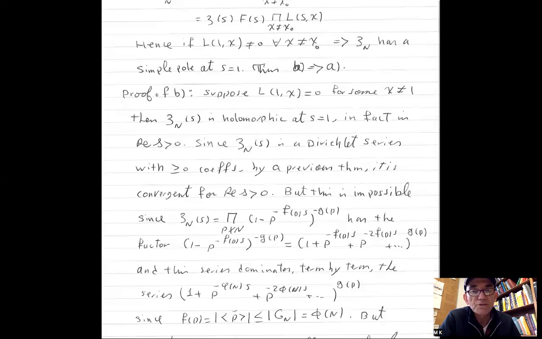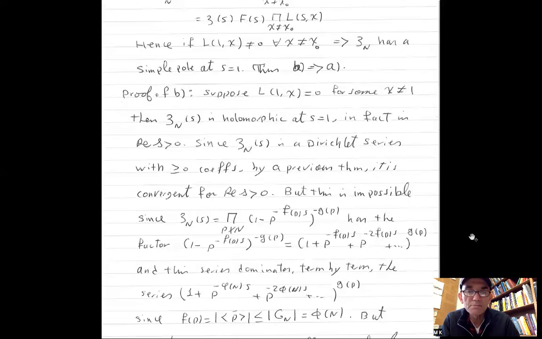And this is a contradiction to what we concluded, that things should be originally convergent all the way for real part of s bigger than or equal to 0. Sorry, my notes somehow end here and I cannot continue, but I hope the idea of how to finish it is roughly clear.